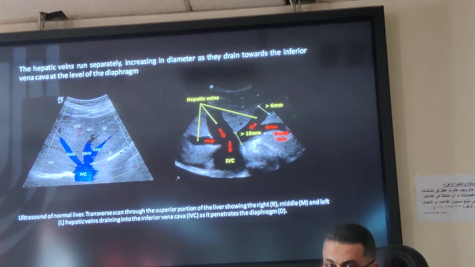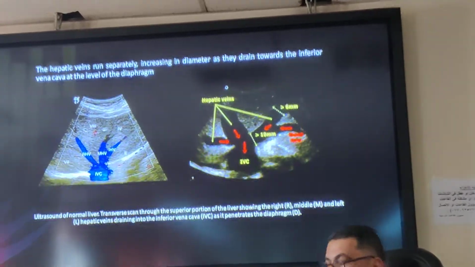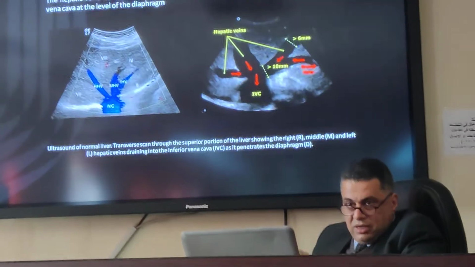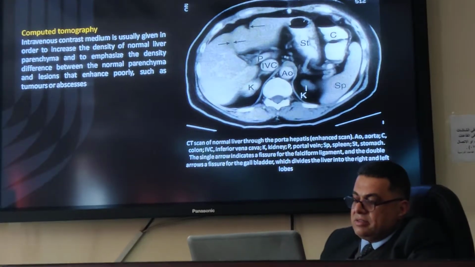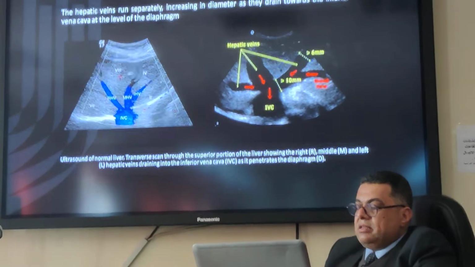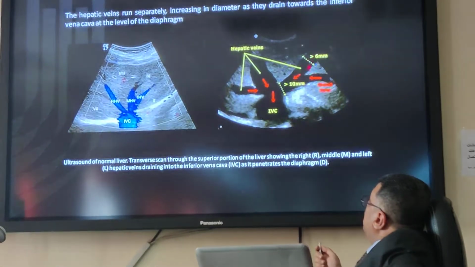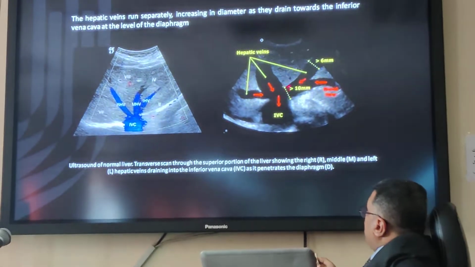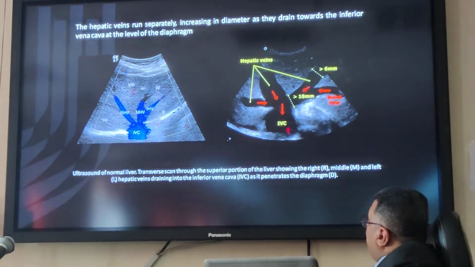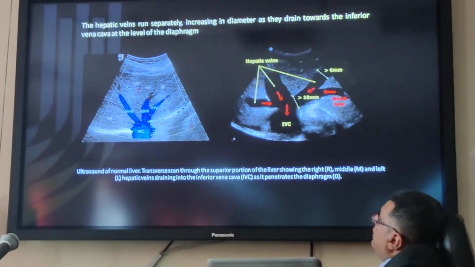Okay? As for the hepatic veins, we usually have the right, middle and left hepatic veins. We see the diameter increases, here 6 mm and here 10 mm, as they enter the inferior vena cava, meaning the hepatic veins drain into the inferior vena cava.